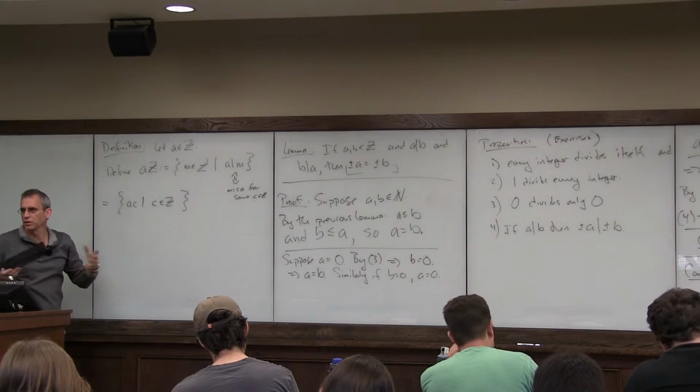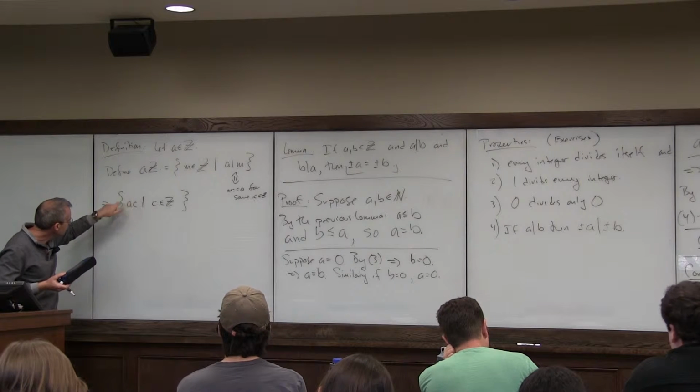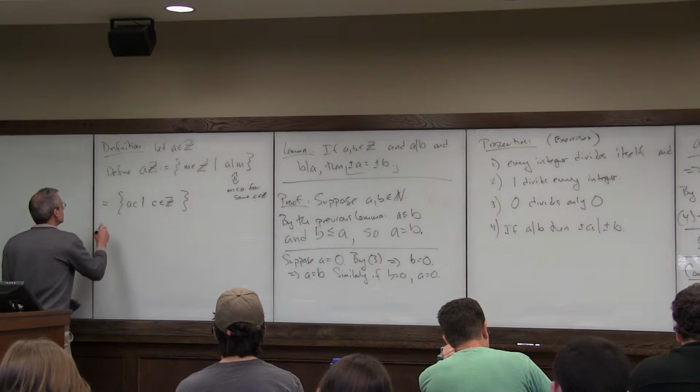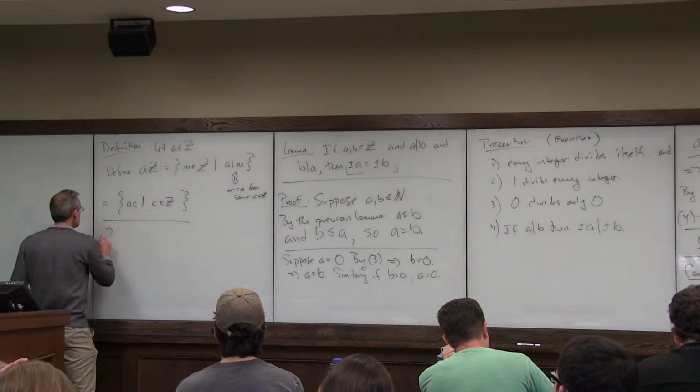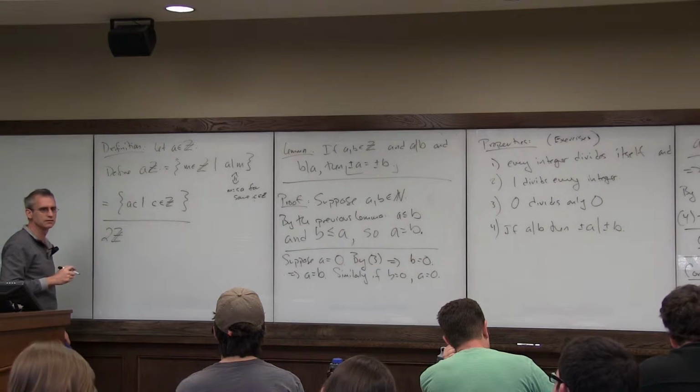I mean, this is only notation. I'm not proving anything here, but this is why we give it this name, because it's all integers multiplied by A, basically. So for example, what is 2Z? You have another name for that. Even numbers?